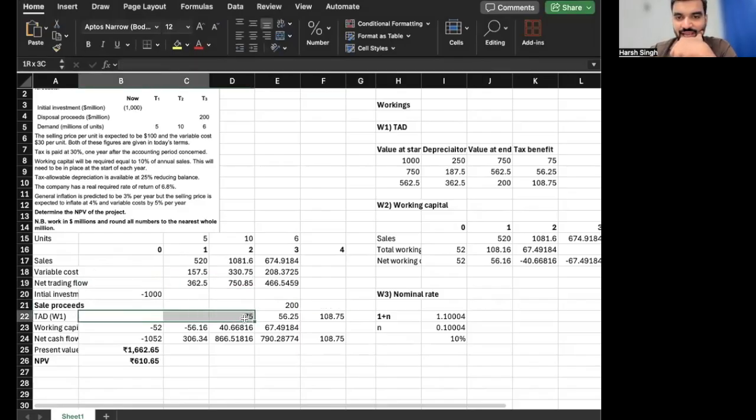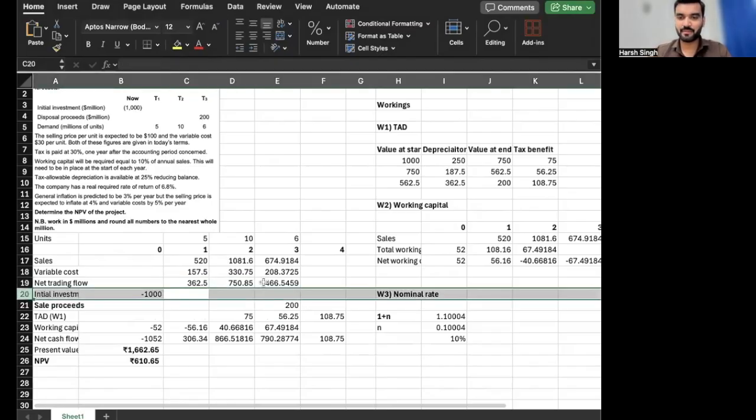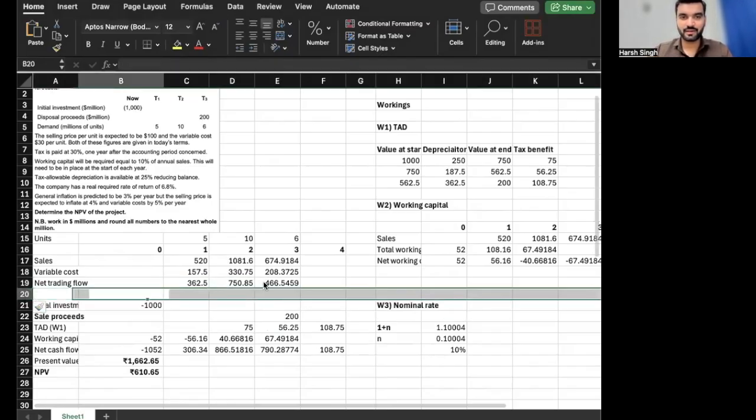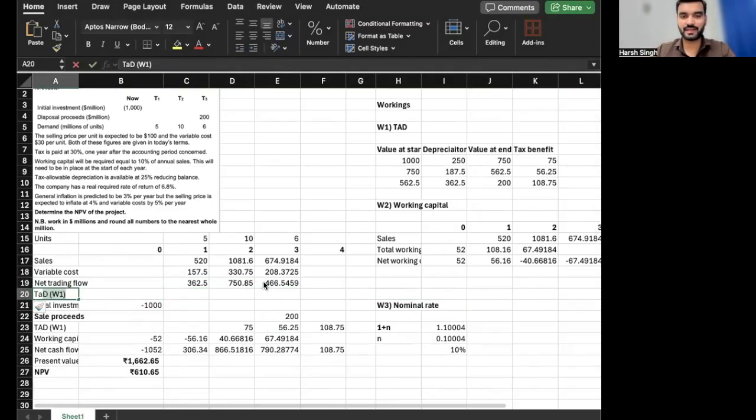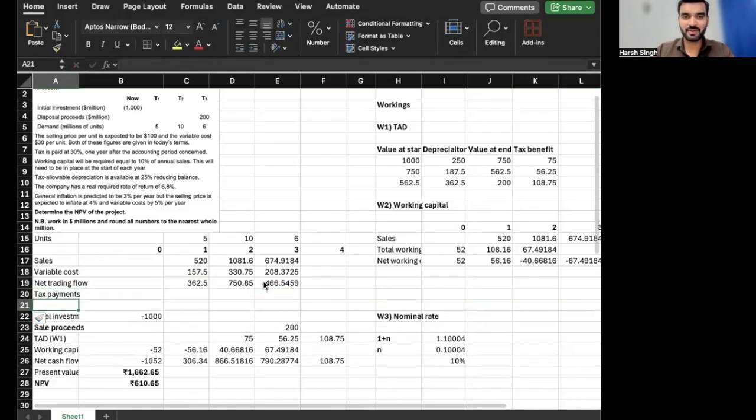We took down the tax allowable depreciation, but okay, I messed up actually. Tax payment, right? We forgot the tax payment over here after tax inflows. We talked about everything and we forgot the tax payment that needs to be considered.